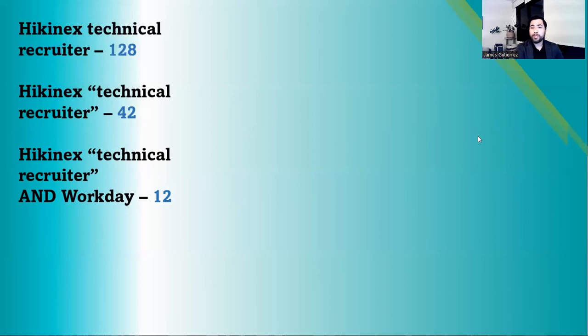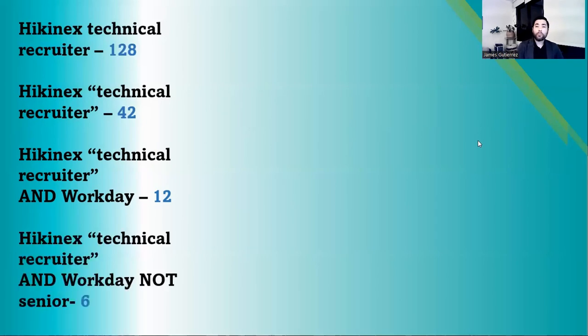Let's say we don't want anybody who is a senior or a senior level candidate. So we can add the operator "not" to exclude those who have senior in their profile. As you can see, with our basic search, we started with 128, and we worked our way down to a very targeted group of 6, which is a lot closer to what we are looking for for potential requisitions.